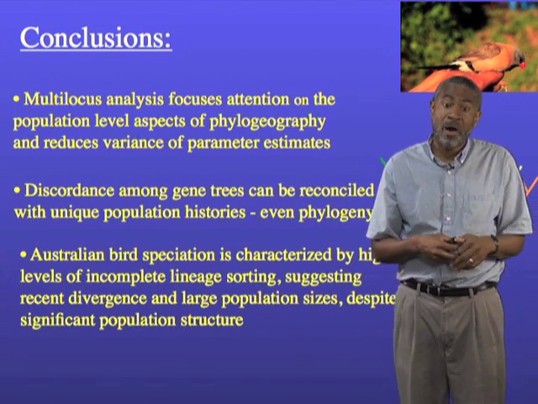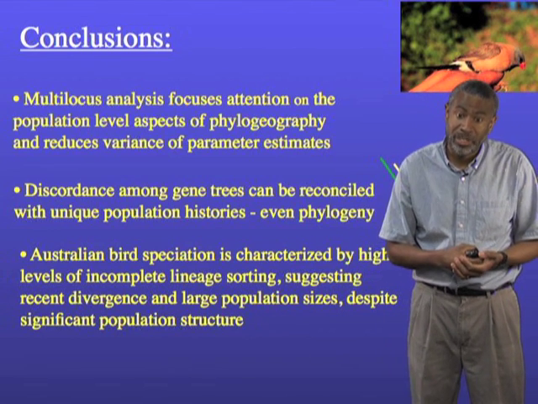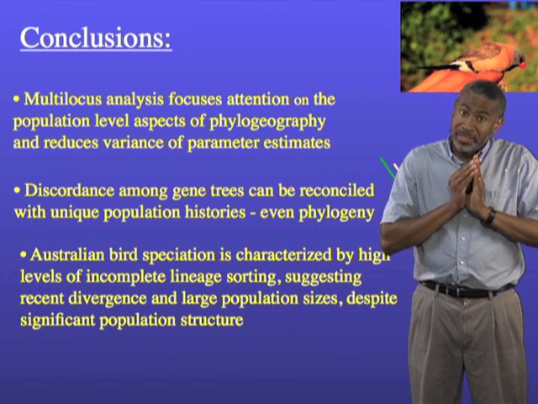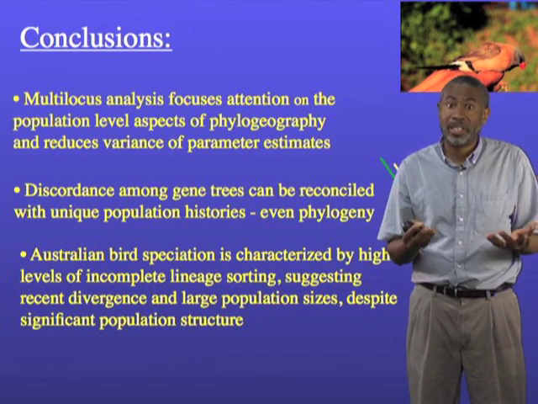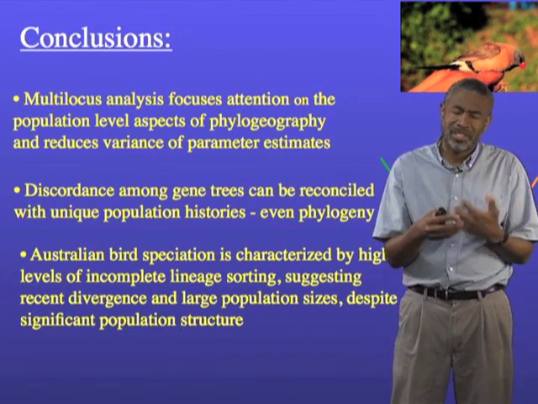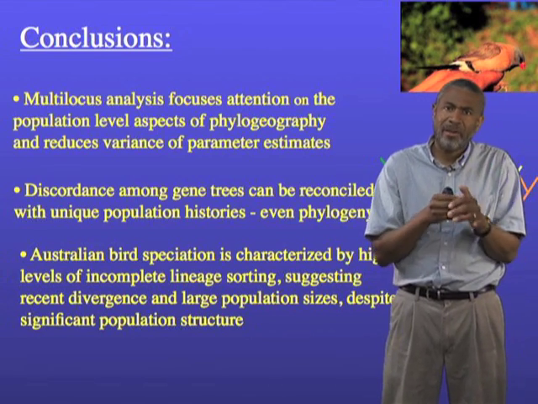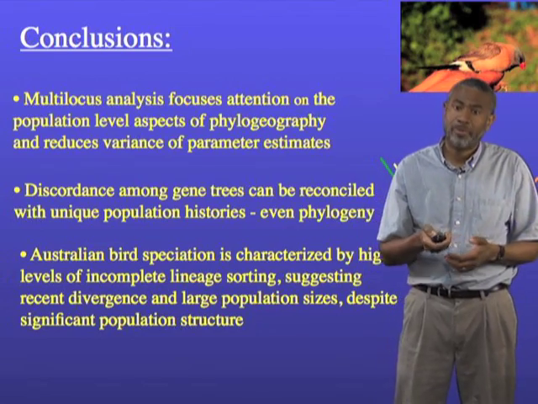And we've seen how Australian birds are characterized by lots and lots of incomplete lineage sorting, but we've still got evidence for similar divergence times and similar population structures. So despite the confusion that sometimes looking at individual genes can bring us, summarizing the patterns in terms of the population histories can be a very informative approach.